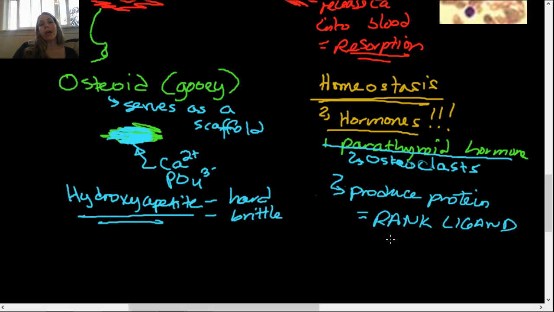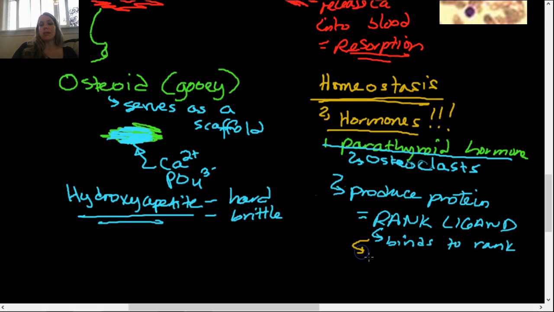And rank ligand is going to bind to a protein called rank. And when that happens, that triggers the replication of these osteoclasts. So cell division occurs, you get more of them, and you're going to also get the activity of secreting the acid and breaking down the bone.